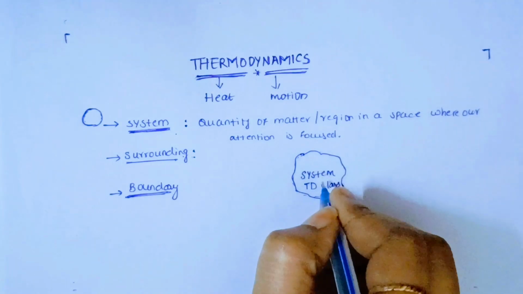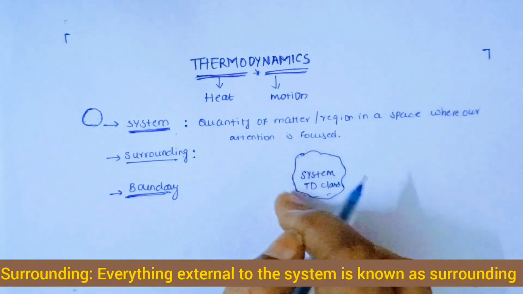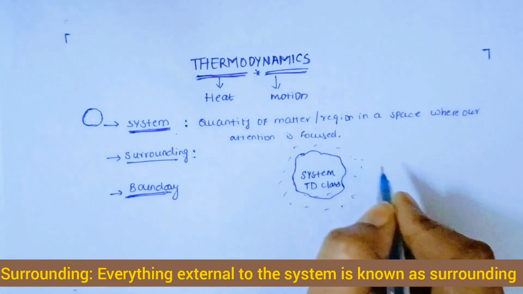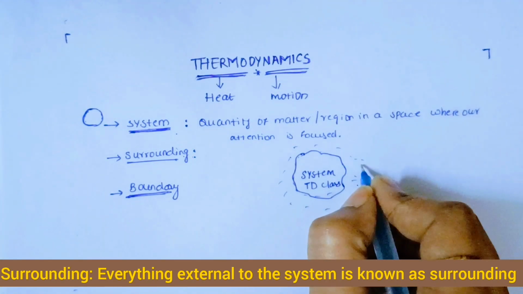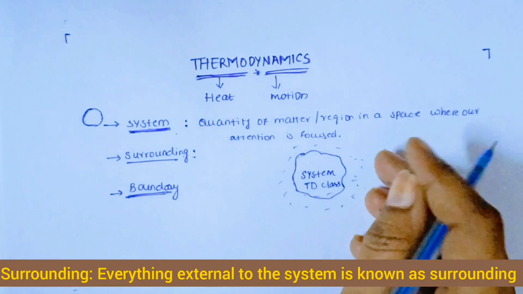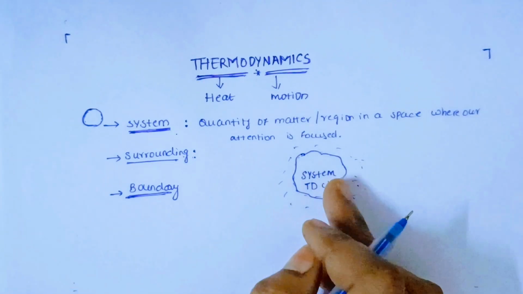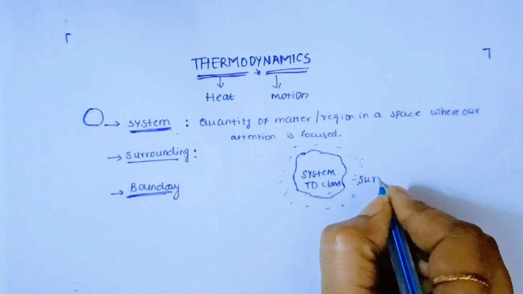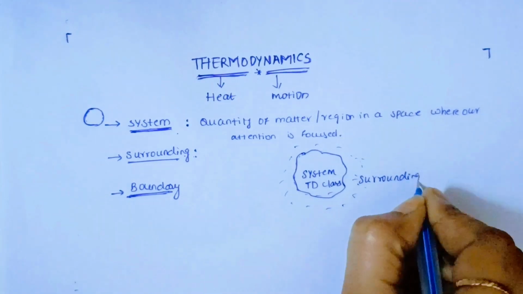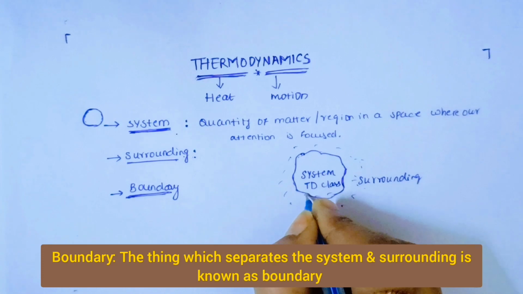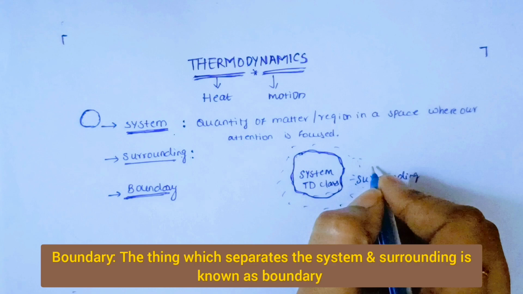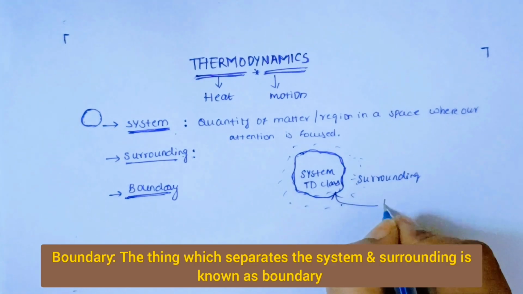Everything external to this, like your friends chit chatting, everything external to this thermodynamics class, is surrounding. And the thing which separates this class from your distractions or your surrounding is boundary.